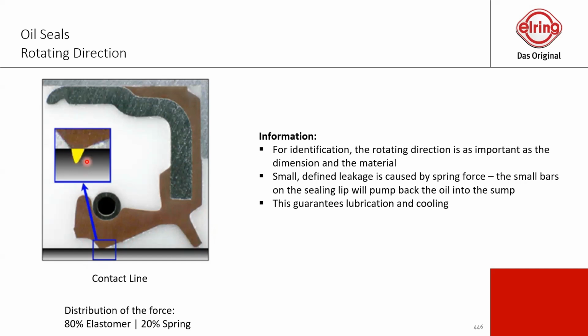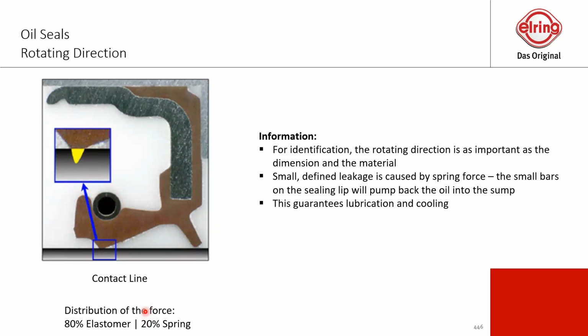Here we have contact to the metal surface because we want to seal against a rotating metal surface. And to rotate on this metal surface, we have one contact point, and the contact point is defined on one spot. And in the back of this sealing lip, we have a spring. This is a spring which increases the forces, the pressure on the sealing lip.